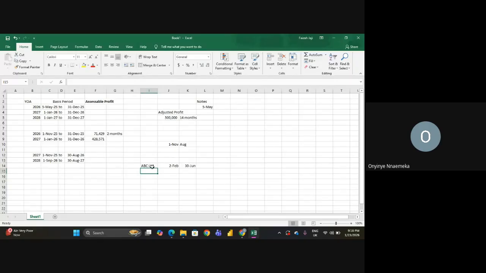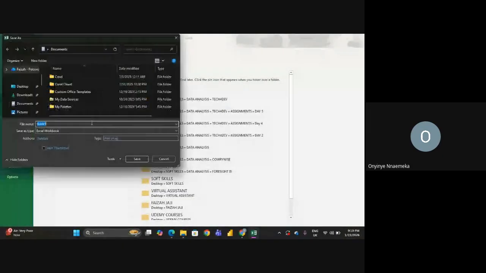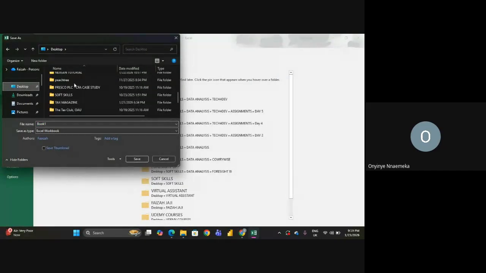Let's now follow the old rule to compute their basis of assessment. Let me write old rule, in bold, so that somebody will not come and be asking me question later. Let me save this so I can give you guys later on, anything can happen.